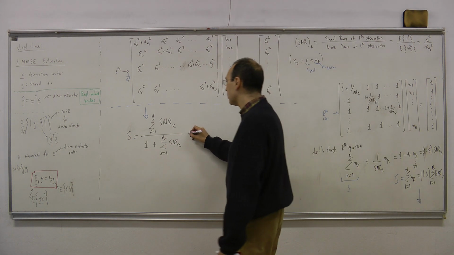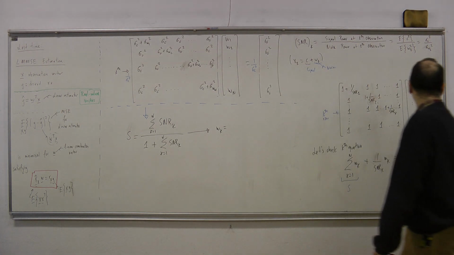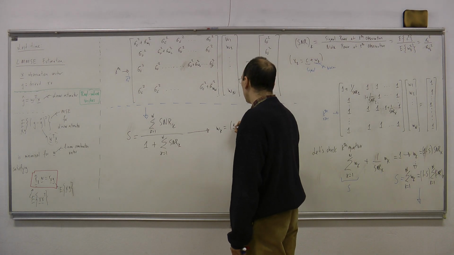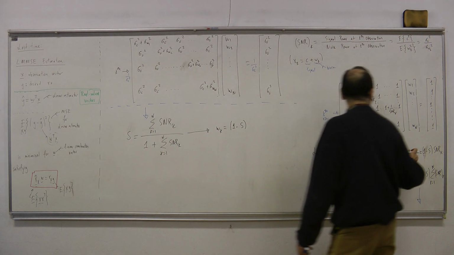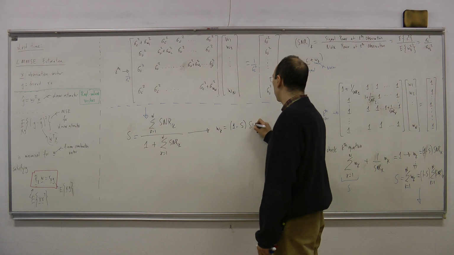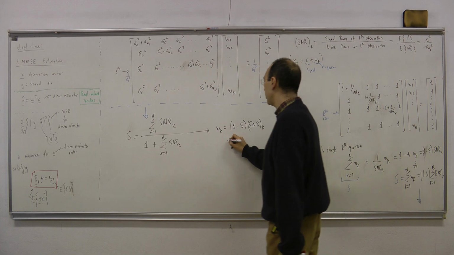So once I get this S value, then WK is equal to 1 minus S times SNR K. So as you see, once I get the S value, then WK is fixed. So we are done with this then.